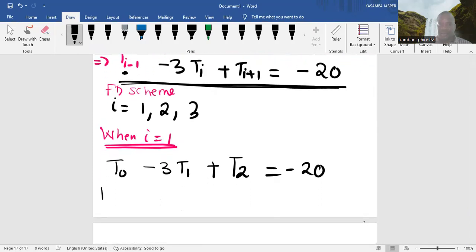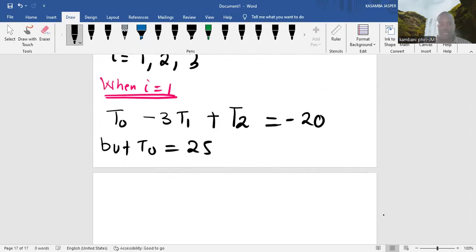But T0 is equal to 25 from the boundary conditions. So where there's T0, we put 25, minus 3T1 plus T2 is equal to negative 20.